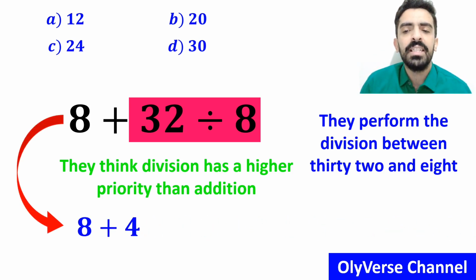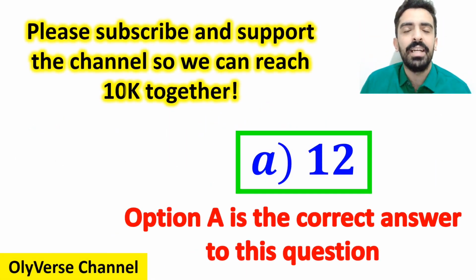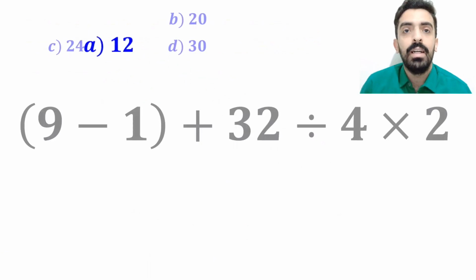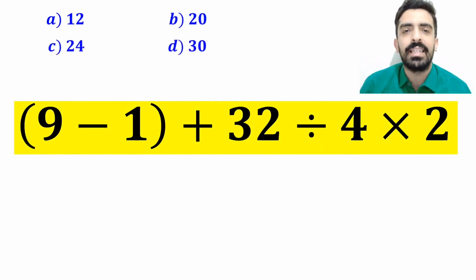So, they simplify this expression to 8 + 4, which ultimately gives them the answer 12. And immediately, they conclude that option A is the correct answer to this question. However, that's definitely wrong.